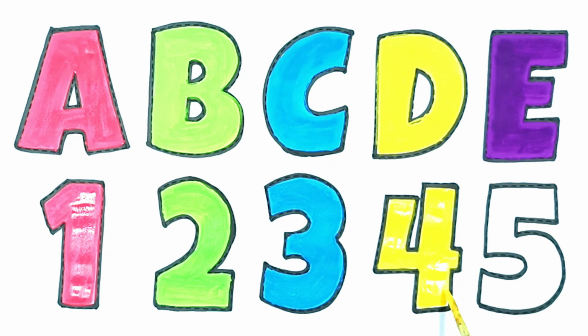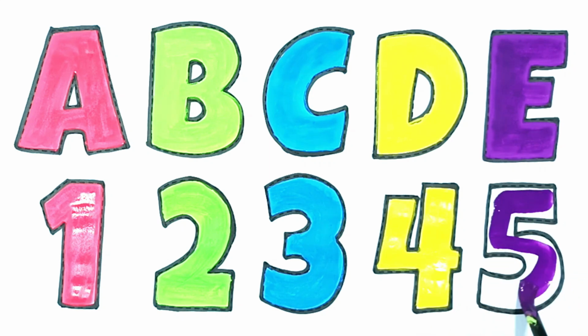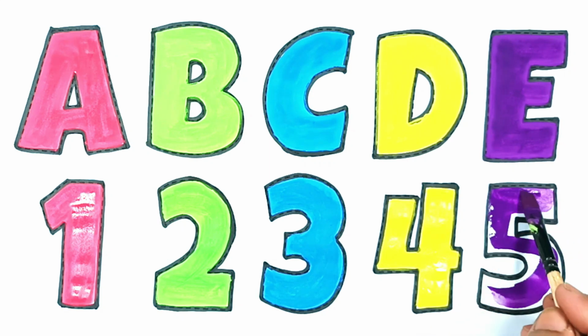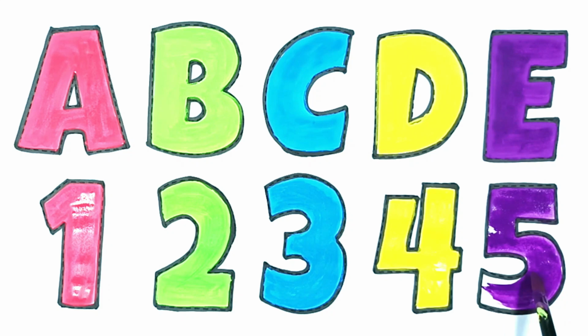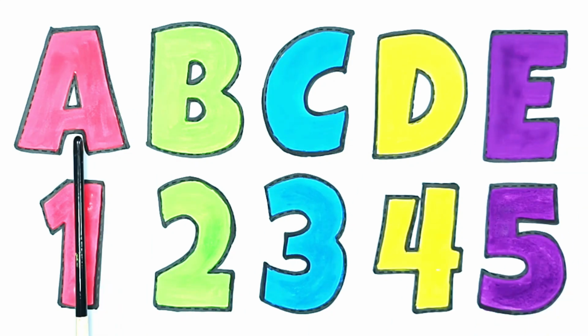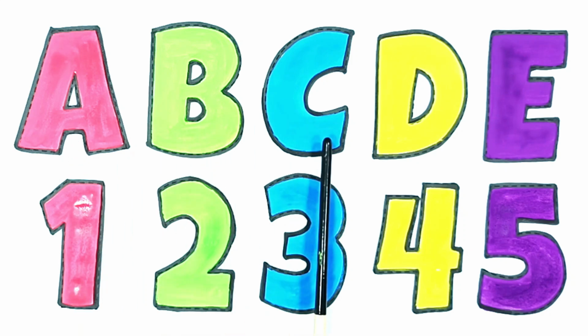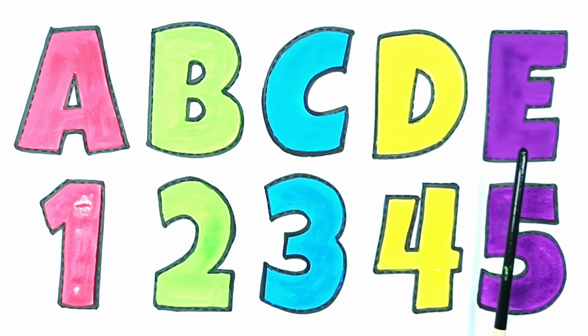Four cozy blankets wrap. Five flowers bloom. A B C D E 1 2 3 4 5.